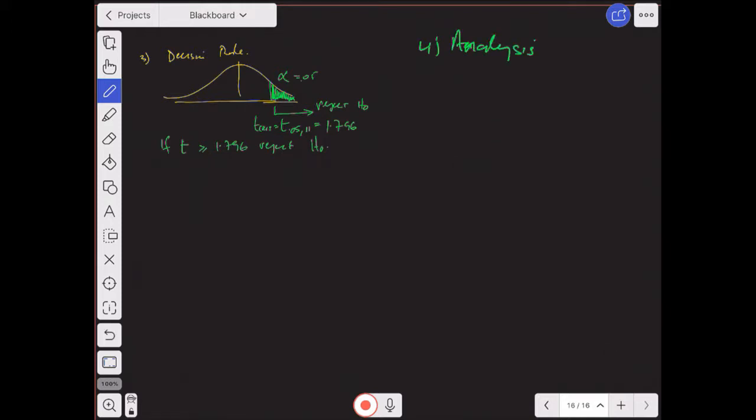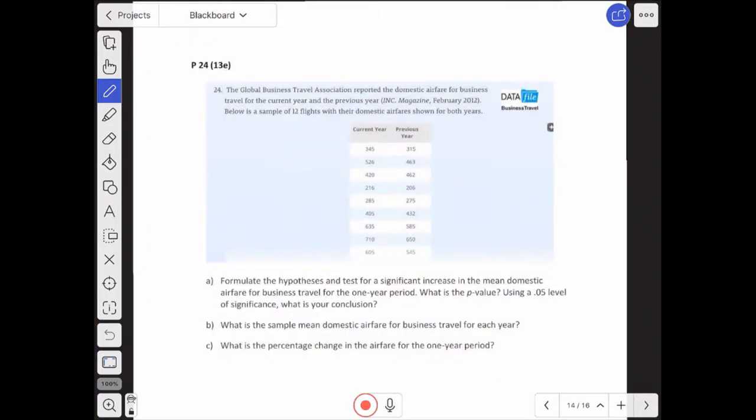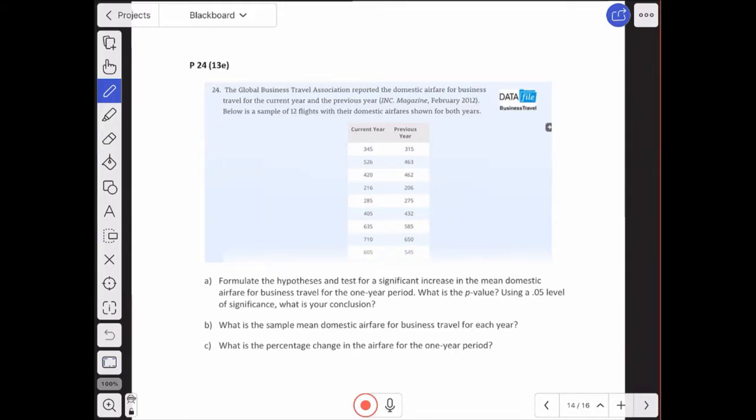Now, to do the analysis, if we go back to the problem, what we have to do with this particular problem is we need to create a separate column for the differences, and then we have to calculate the difference between these matched pairs, right?